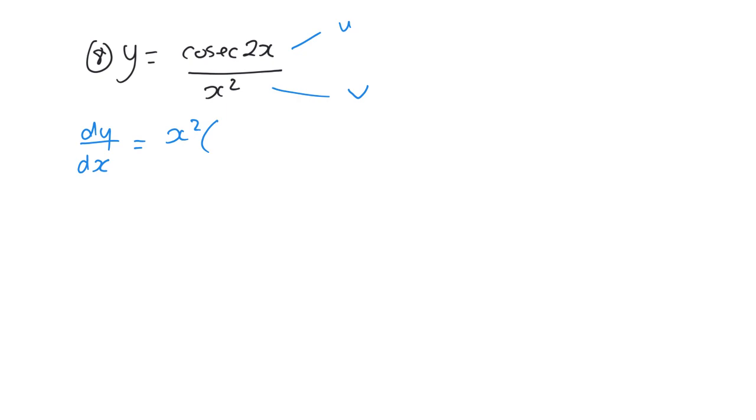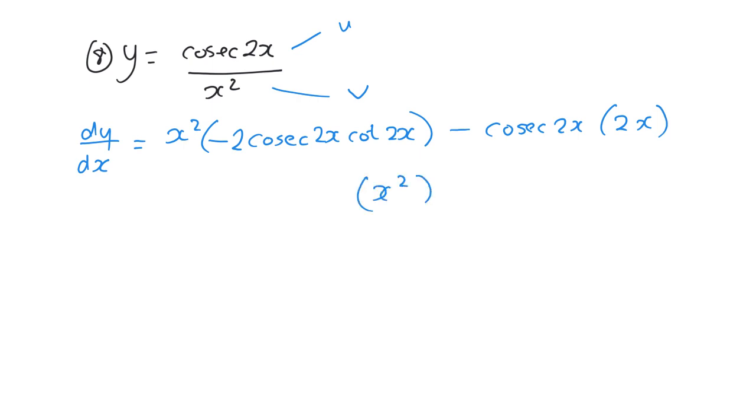So the differential of cosec 2x is minus cosec 2x cot 2x. And then we'll have to differentiate the 2x part. So we get a 2, minus our cosec 2x times, we'll differentiate the bottom and get 2x, over x squared all squared.